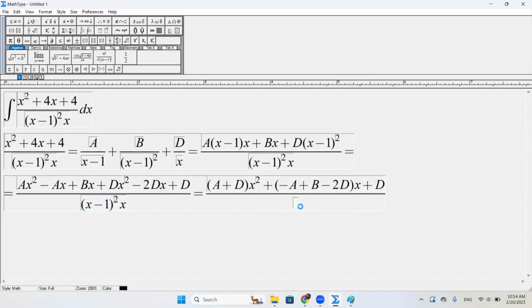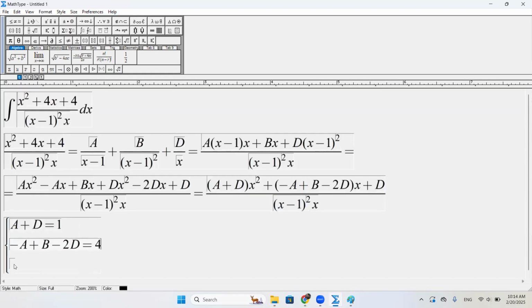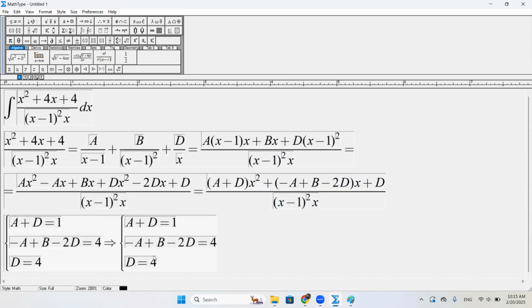Again, we received a system of linear algebraic equations: a plus d equals 1, minus a plus b minus 2d equals 4, and d equals 4. We can even solve this system here because it's easier than in the previous exercise. So d equals 4.